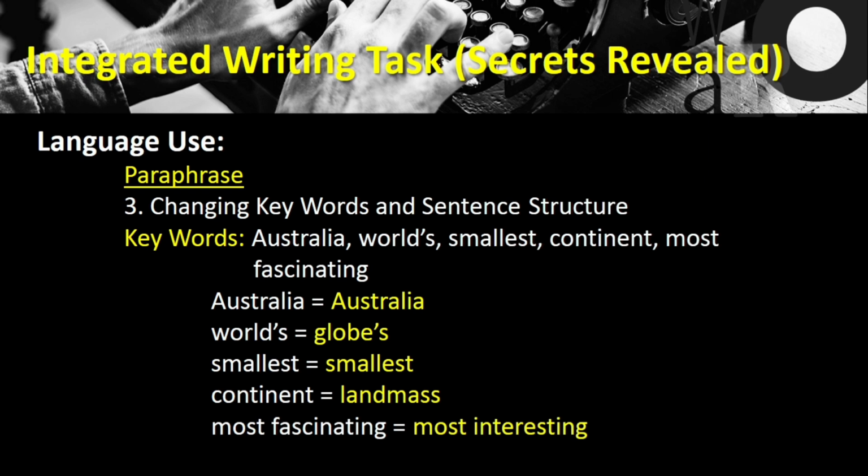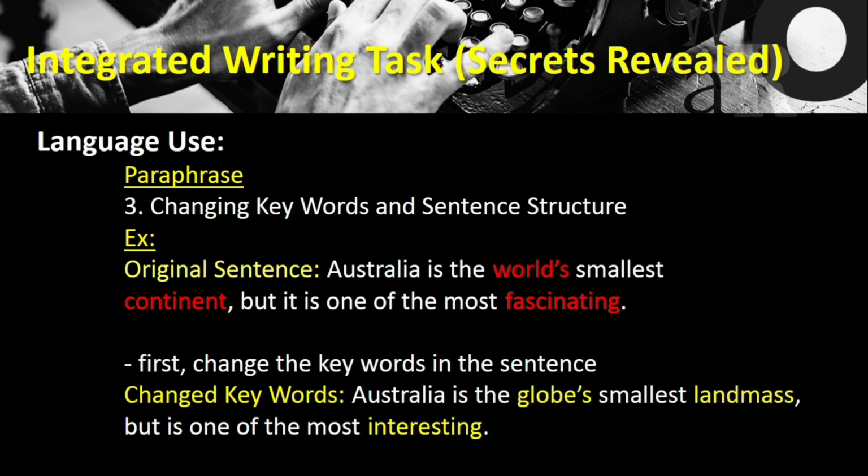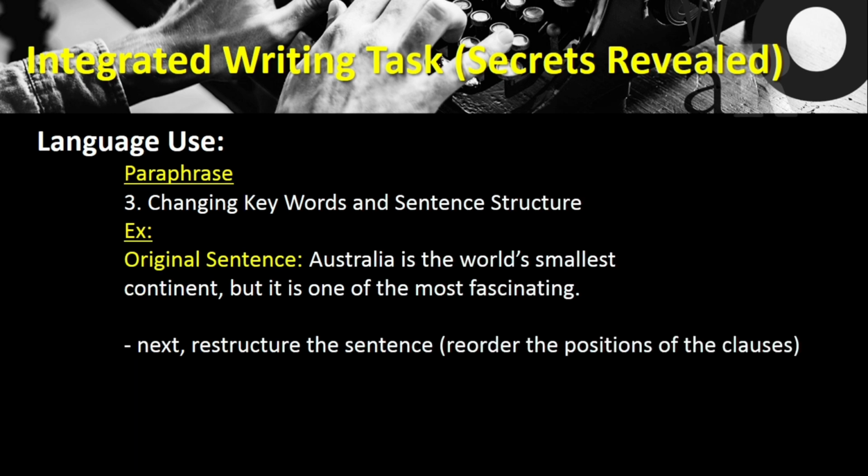Finally, the phrase most fascinating may again be replaced with the phrase most interesting. So now, the sentence is written as Australia is the globe's smallest landmass, but it is one of the most interesting.